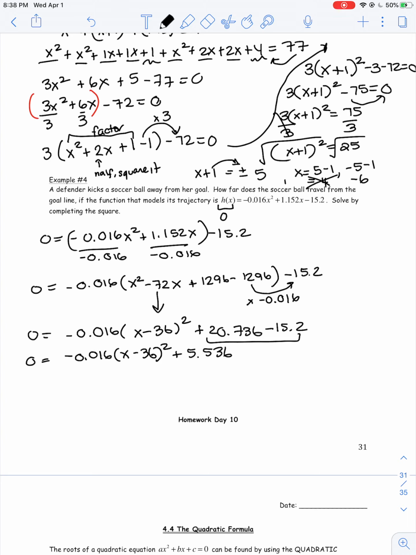And now we're just solving for x. So we're going to bring this guy to the left side now to become negative 5.536. Now we're going to divide both sides by the a value. That gives us 346.